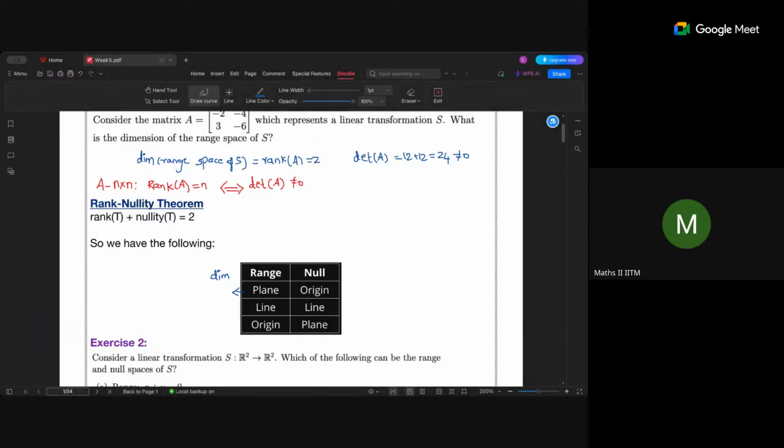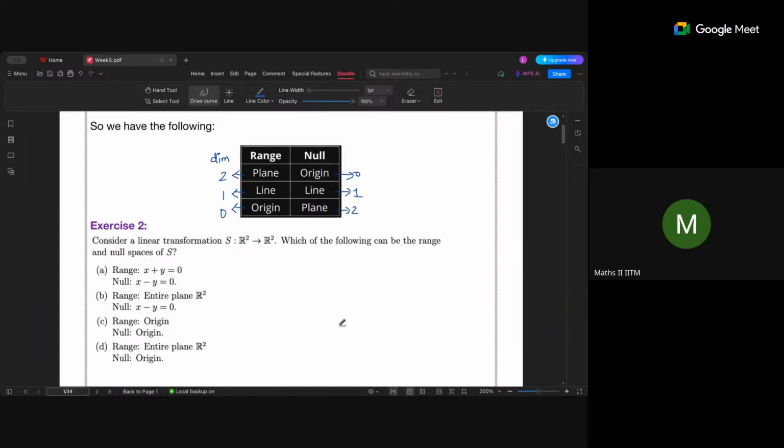What is the dimension of a line? 1. And origin 0. So if the dimension of range is 2, then null should have dimension 0, hence it should be the origin. If the dimension of range is 1, then the null also should have dimension 1, which means a line. Similarly, for origin it should be the plane. So this comes from the rank nullity theorem.